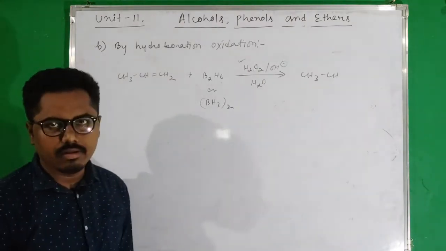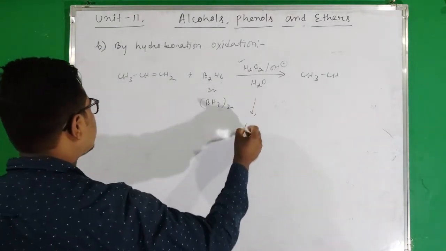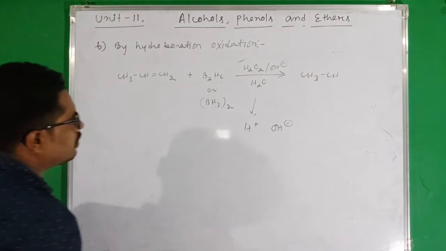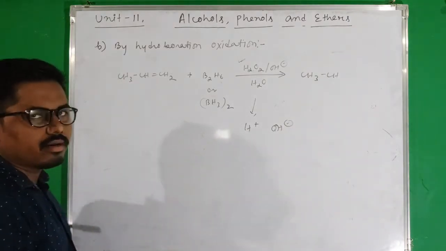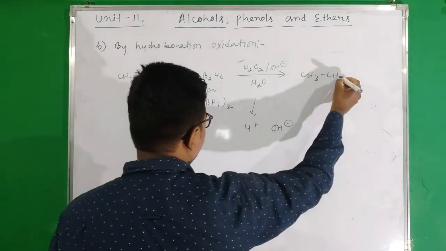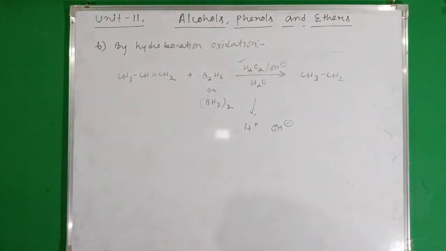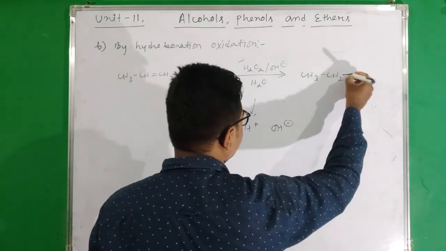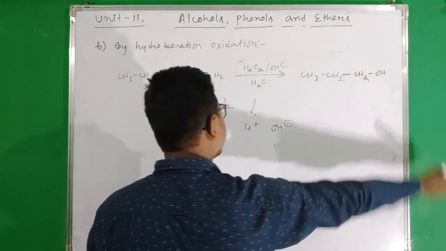anti-Markovnikov rule. Okay, and according to anti-Markovnikov rule, when the water will break into H positive and OH negative, then the H positive will attach to that carbon which has lower number of hydrogen atoms. That means to this carbon H positive will come, resulting in CH2, and the double bond will convert into single bond and CH to OH.